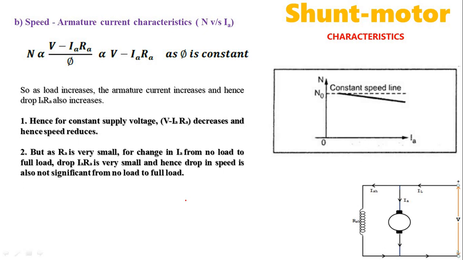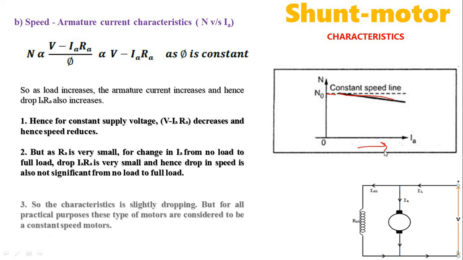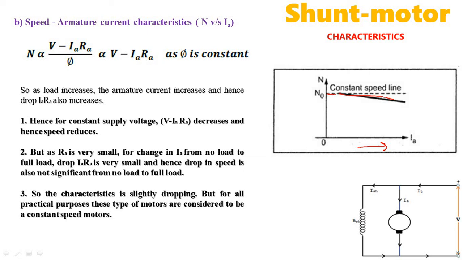So because of Ra, speed is constant at the starting, then speed decreases by increasing the armature current. So the characteristic is slightly dropping, but for all practical purposes, this motor is considered a constant speed motor.